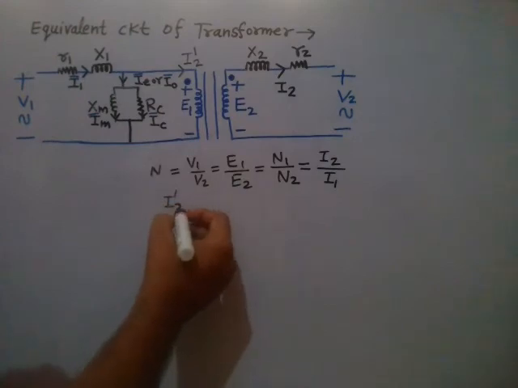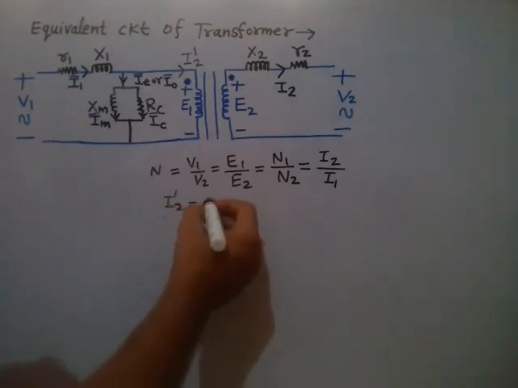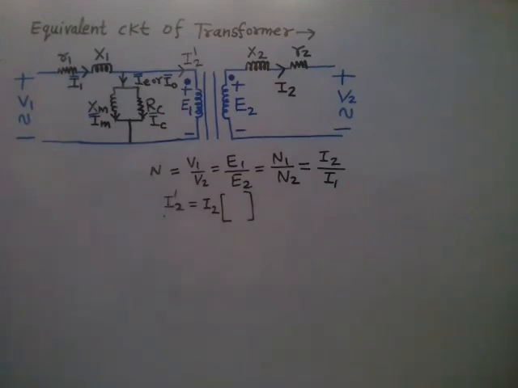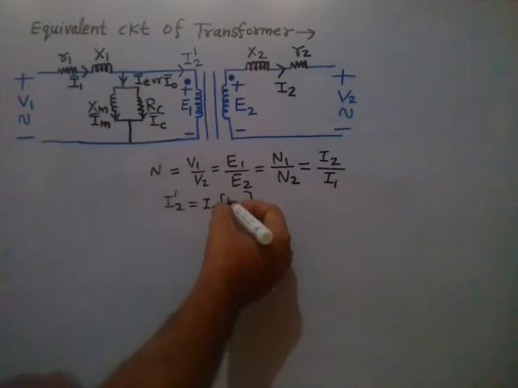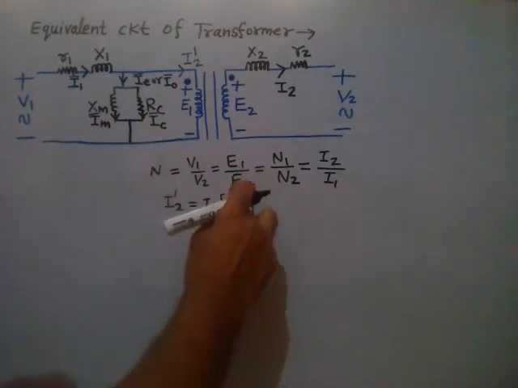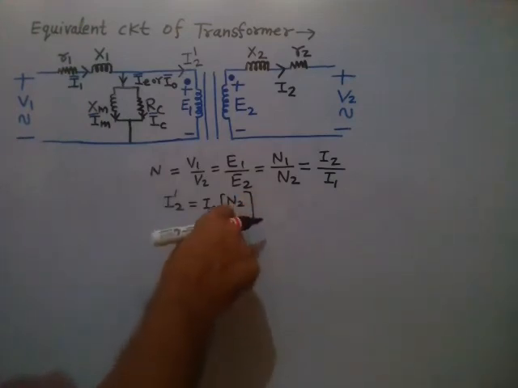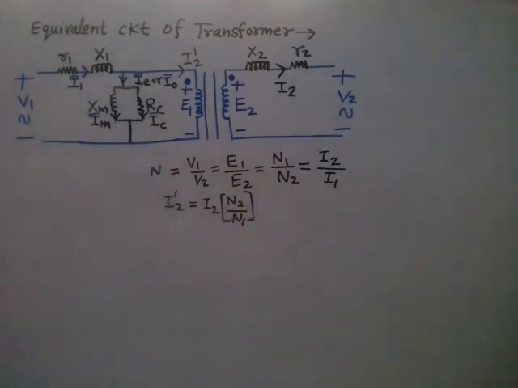So I2 dash is equal to I2, and here it will be referred by the transformation ratio. So here it will be, not N1, this is N2 by N1, like this.